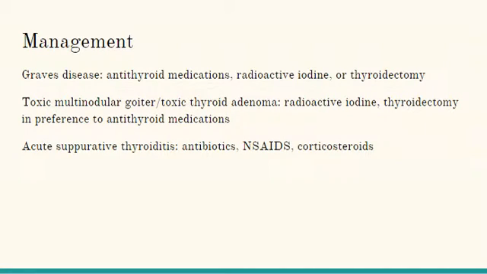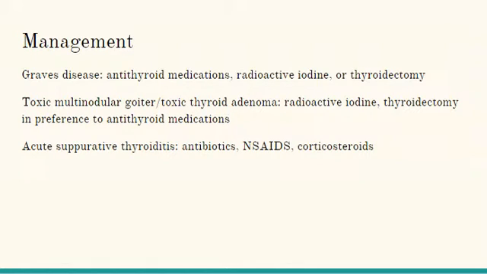And with other etiologies of hyperthyroidism, you kind of treat it based on the condition they have. So with Graves' disease, you give them anti-thyroid medication, radioactive iodine, and if those don't work, or if they have a really large goiter, you can consider using a thyroidectomy.